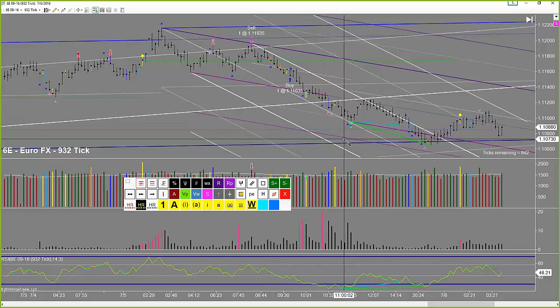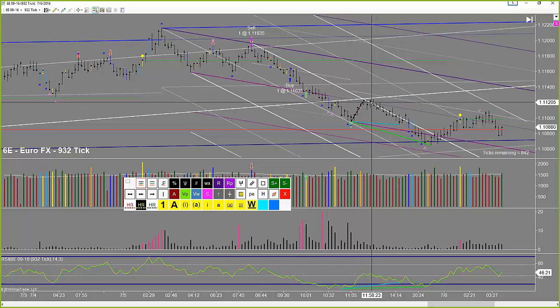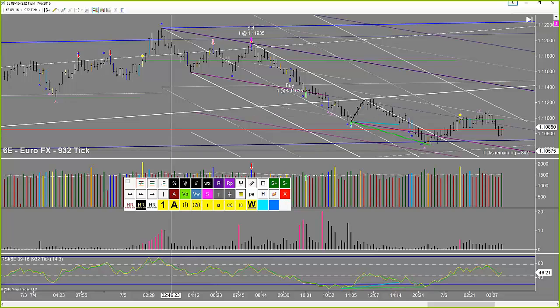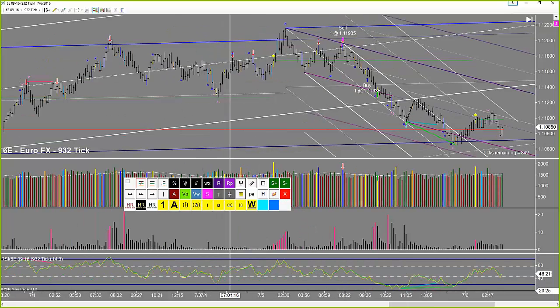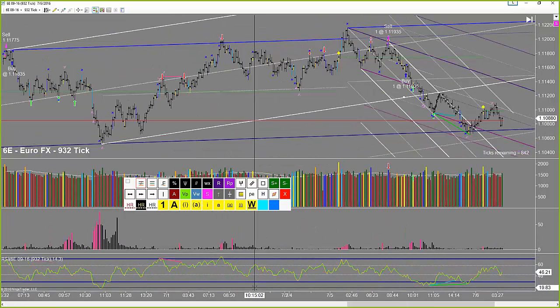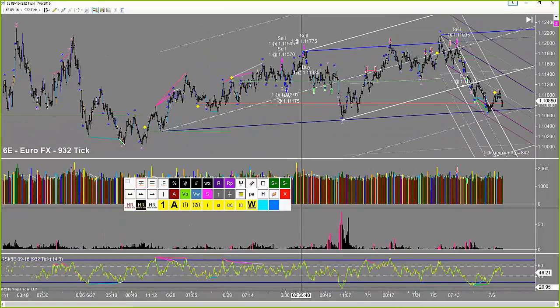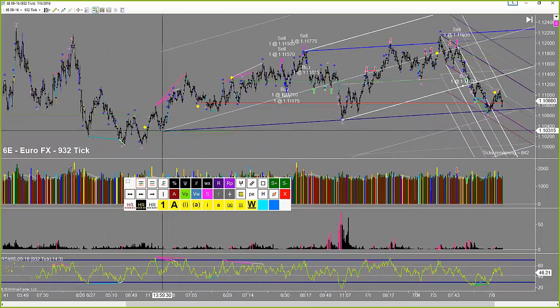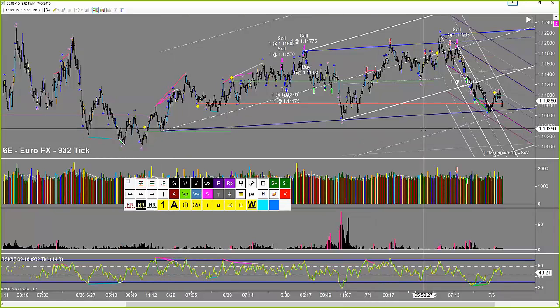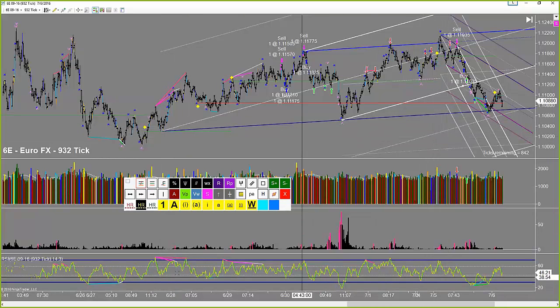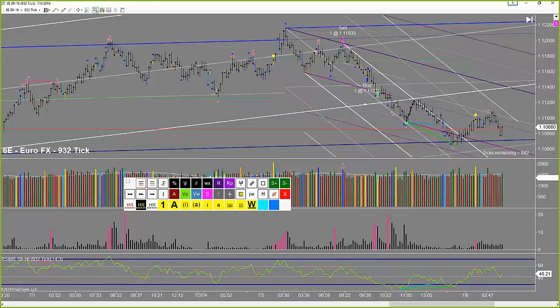It came right back to the upper median line and the channel line, the shadow of the channel line, and then this prior median line, which is from the higher low that I was using back here, right there. And then came on down to where?